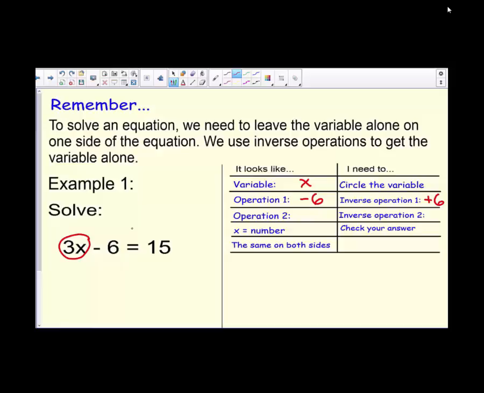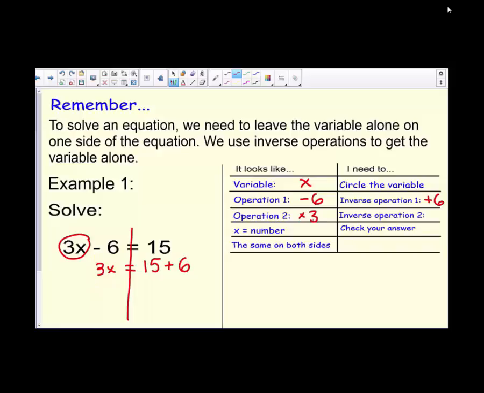So if I want to keep things organized, I'm just going to make a line right here. And I'll say 3x equals 15 plus 6. What's the second operation? Well, the x is not alone yet. The 3 is multiplying the x. So what operation is being performed?